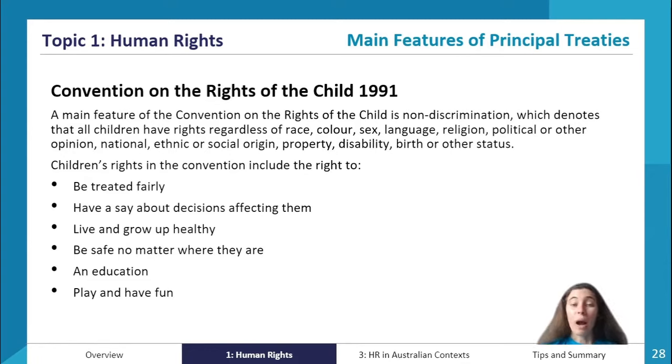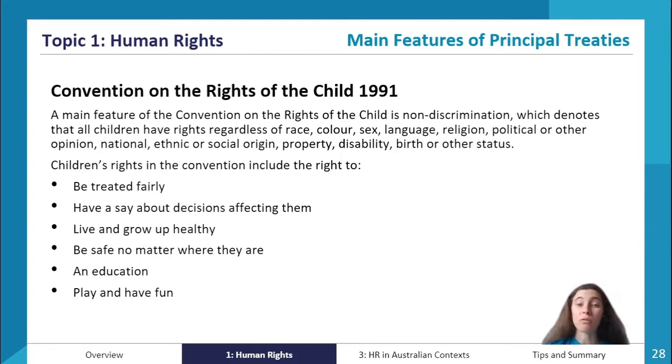The Convention on the Rights of the Child, 1991. We mentioned the rights of children earlier, so we'll have a bit more of a detailed look here. So, the main feature of this convention is non discrimination, which is all about this idea that children have rights regardless of who they are.